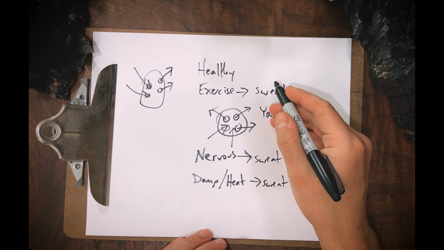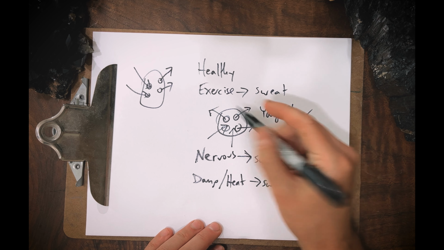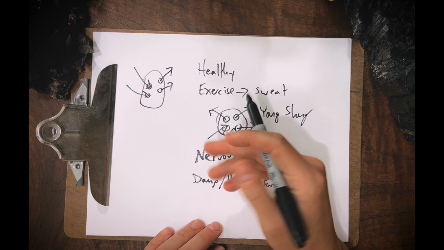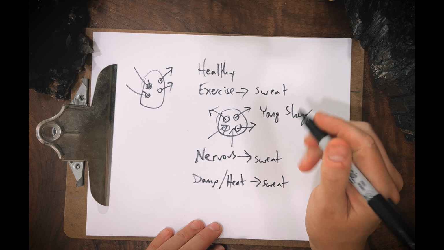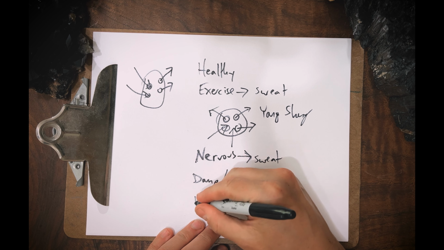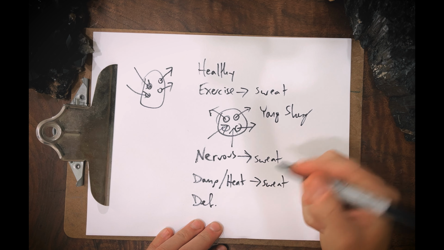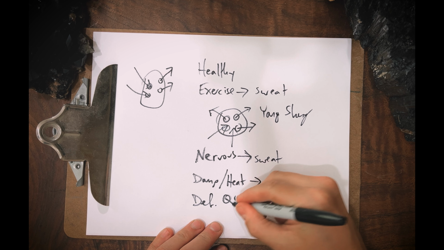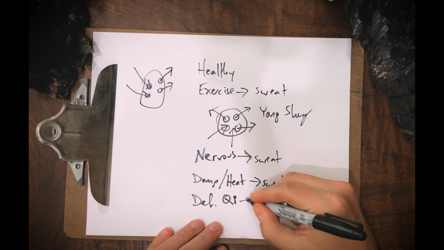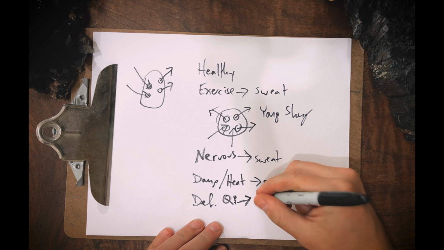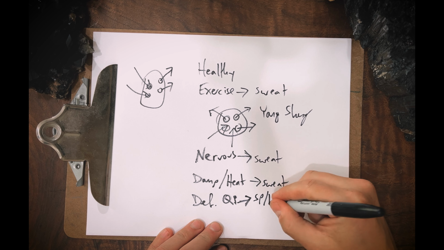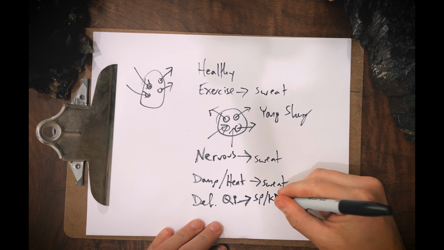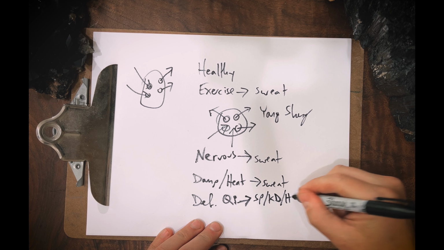Healthy sweat from exercise is going to be all over the place, right? Because you're just exercising everything. People get sweat coming down their head and everything else. So we also have deficiency sweat, right? Chi deficiency, which is like the spleen, potentially the kidneys can be involved with some of these, potentially the heart.